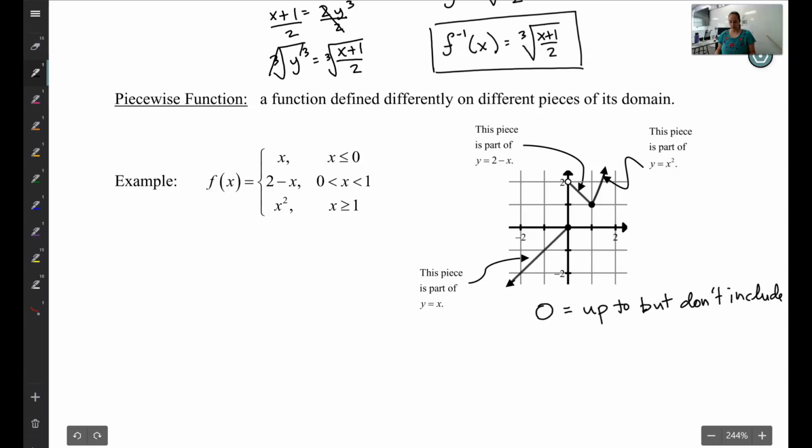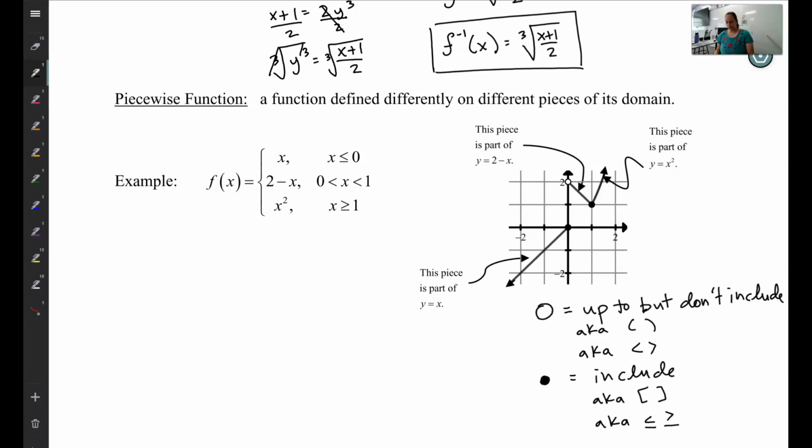This should sound familiar. AKA, it's your parentheses. AKA, that's your greater than, less than. Closed circle means include. AKA, your brackets. AKA, less than or equal to, greater than or equal to.